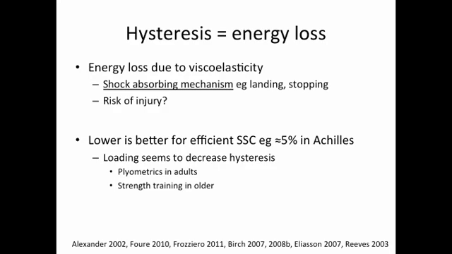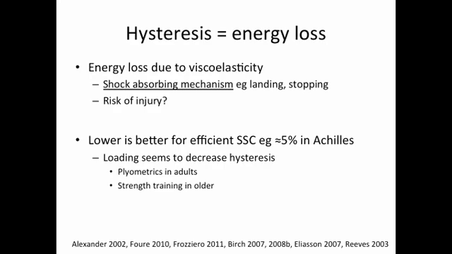But if you're looking at efficiency, then you want less hysteresis. You don't want any hysteresis. So if you're a marathon runner and you're running along for 2 hours, you want to have as elastic type tendons as possible to allow you to save your muscles and to minimize hysteresis and potential damage. We know that we can load people.